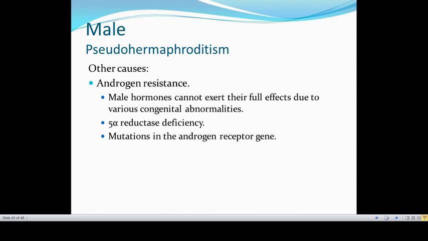There may be deficiency of 5-alpha reductase, which converts testosterone to its more active form, dihydrotestosterone. Other forms of androgen resistance are due to various mutations in the androgen receptor gene.